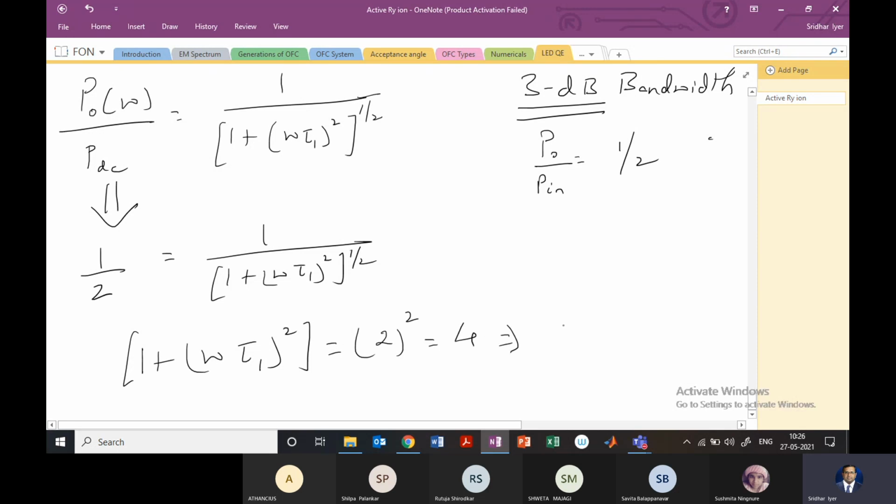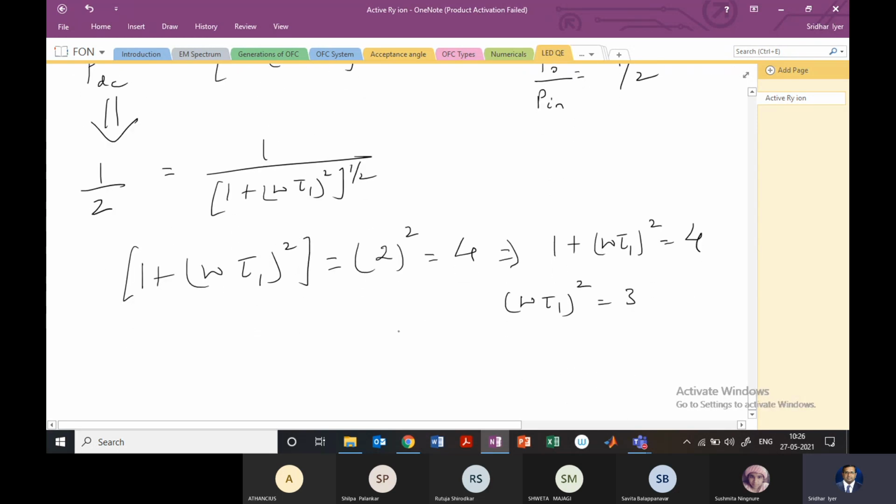Therefore, adjusting this equation, 1 plus omega tau 1 the whole square will be 4. Therefore, omega tau 1 the whole square will be 3. Therefore, I can write omega tau 1 is root 3. Omega tau 1 is root 3, right?